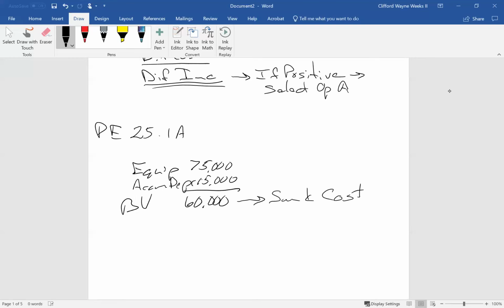It is not relevant to our decision making. Does that make sense? It's also not relevant because it's the same whether we do option A or B. If we sell it, we don't have it. If we lease it, we don't have it. Because it's the same scenario, it's a non-issue.